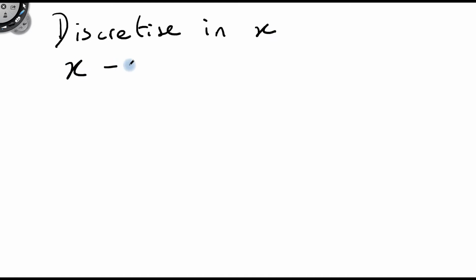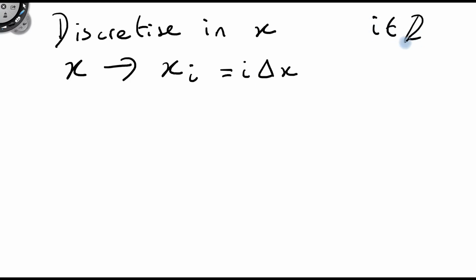So we now discretize like we did before in x, in space, such that x goes to x_i equals i times delta x. By the way, i is not the square root of -1 this time. i is just an integer, a positive integer.